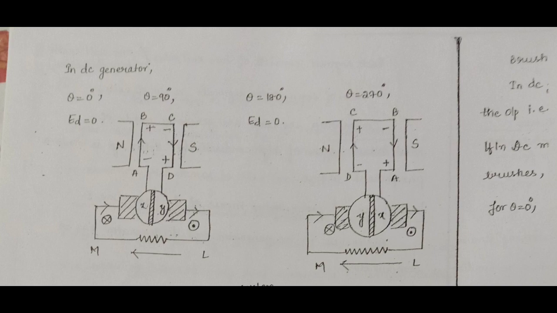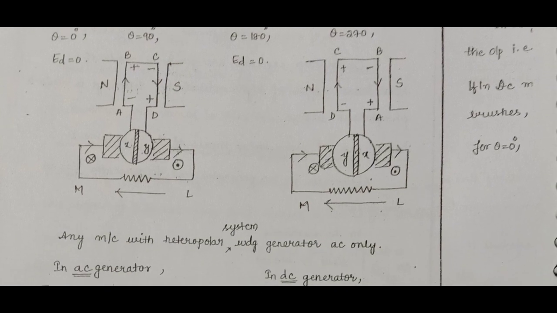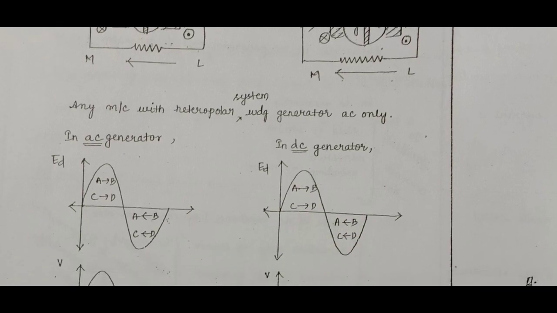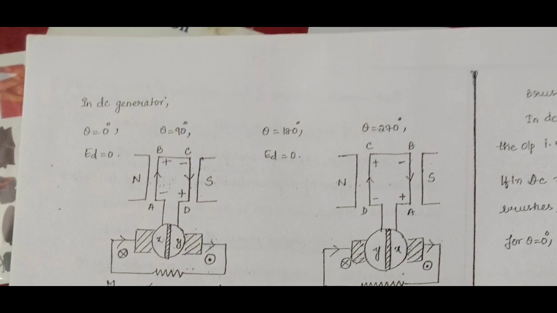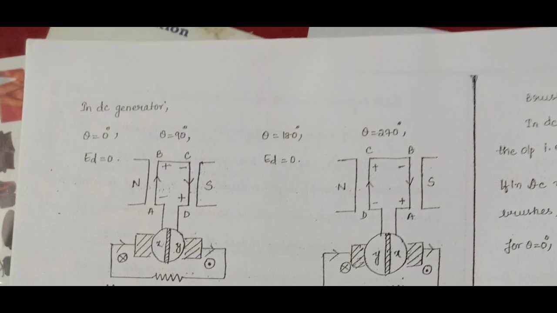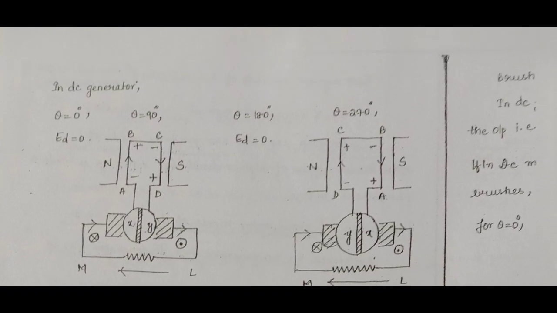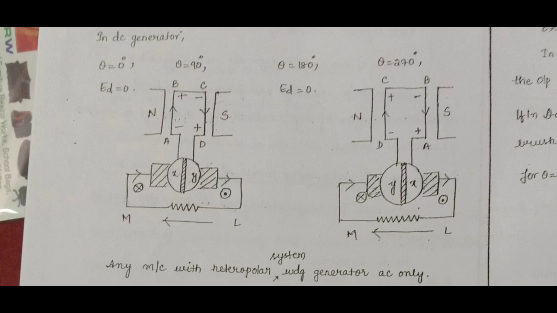So in a DC generator, at theta equal to 0, theta equal to 90 degrees, theta equal to 180, theta equal to 270 degrees, and theta equal to 360 degrees, see the voltage waveforms.